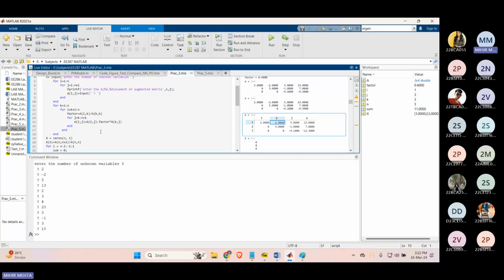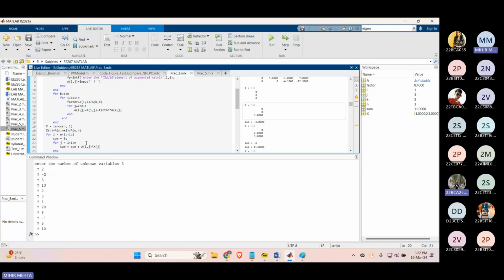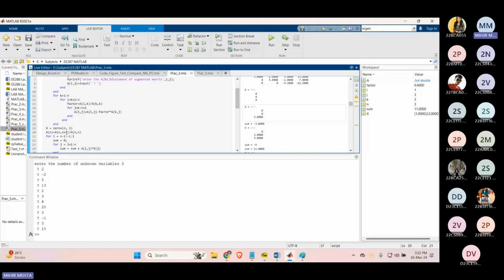So similarly here, what I've done is I've made a column matrix with 3 zeros. Next, I have started adding from the bottom, as I just suggested, at a of n comma n plus 1. Now understand this, a of n comma n plus 1. So n is 3, n plus 1 would be 4.